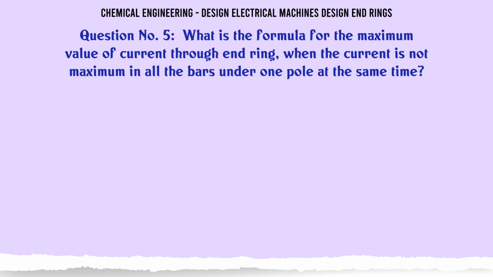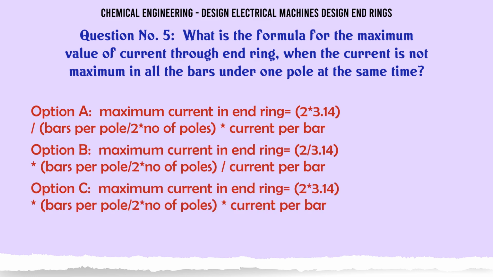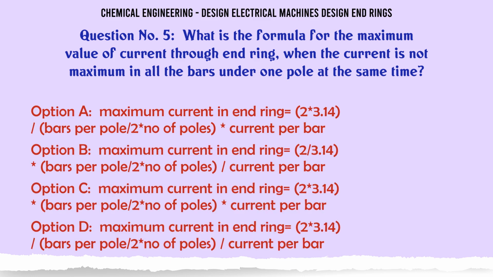What is the formula for the maximum value of current through end ring when the current is not maximum in all the bars under one pole at the same time?